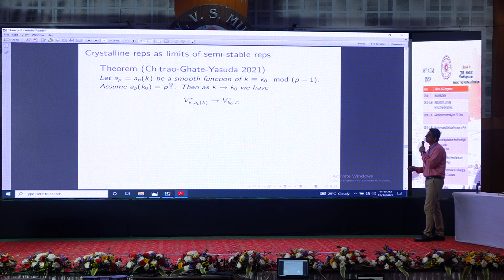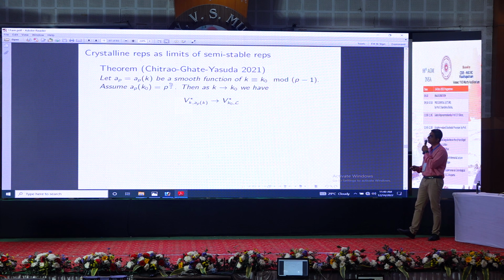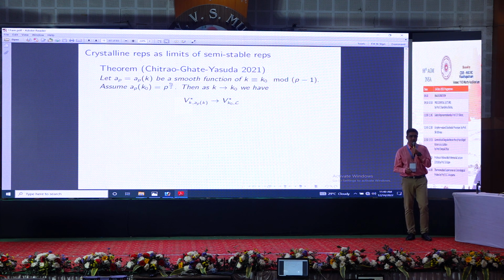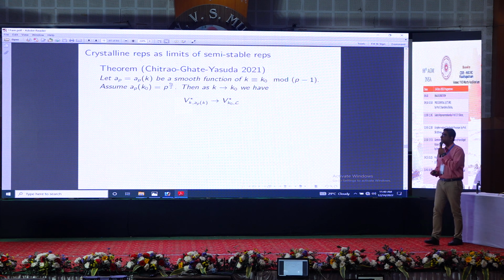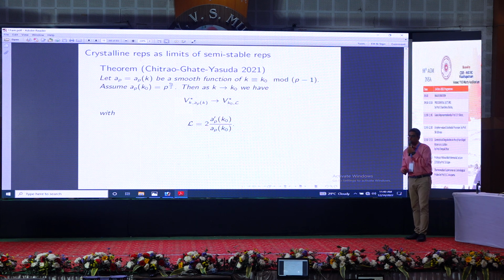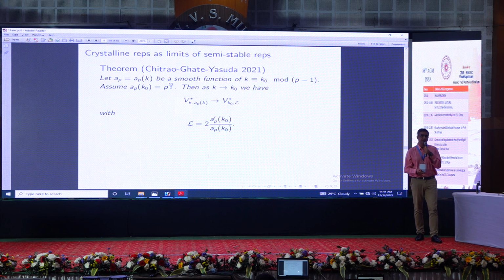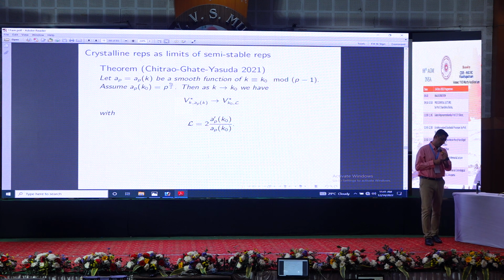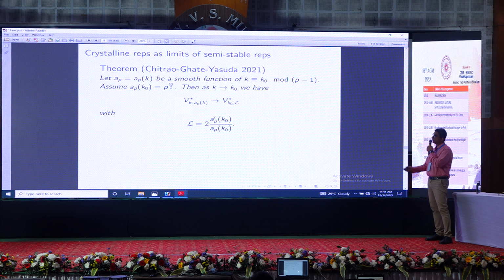Okay, so the first ones are crystalline because they're of the form V_{k,a_p}. The second ones are semi-stable, V_{k_0,L}. And the star there is some dual representation, which is not important, but technically speaking, you have to put it there. What is L? You can even give a formula for L. L is basically the derivative, the rate of approach, the tangent direction of a_p at k_0.